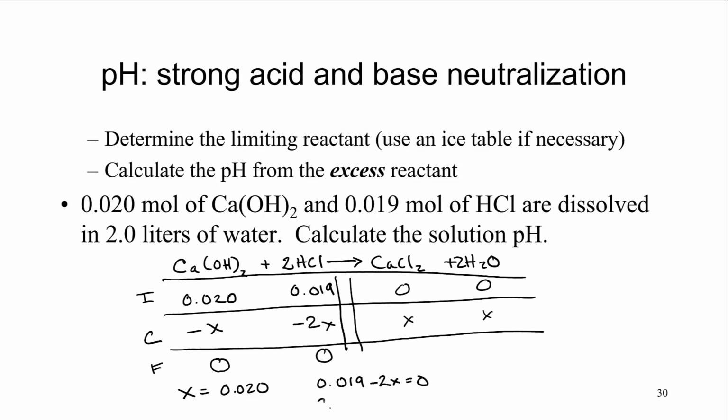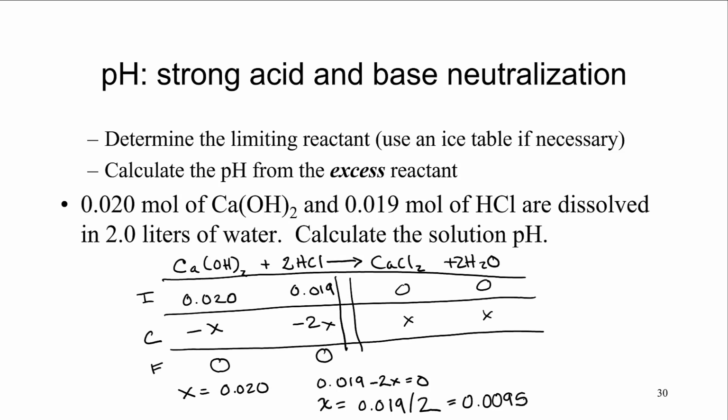So x is equal to 0.019 divided by 2, which gives you 0.0095.